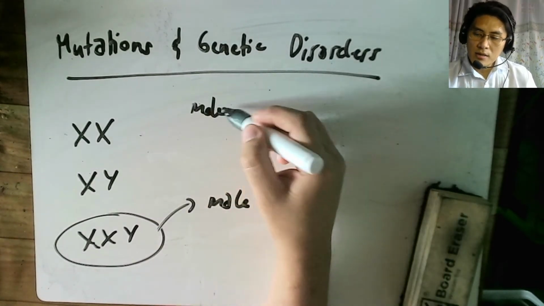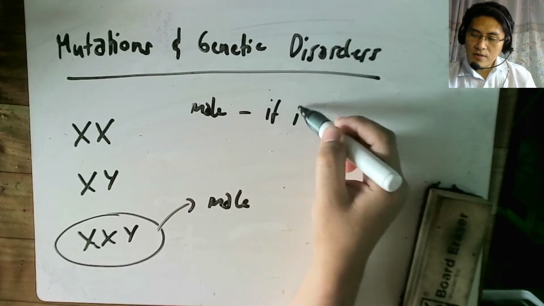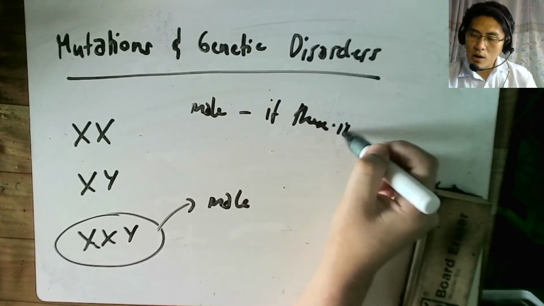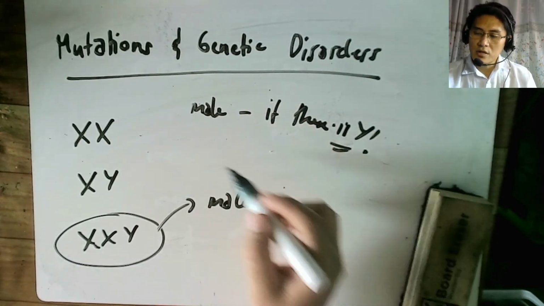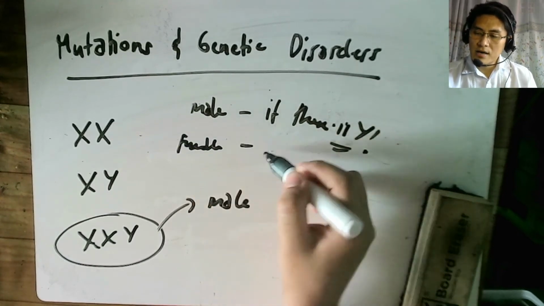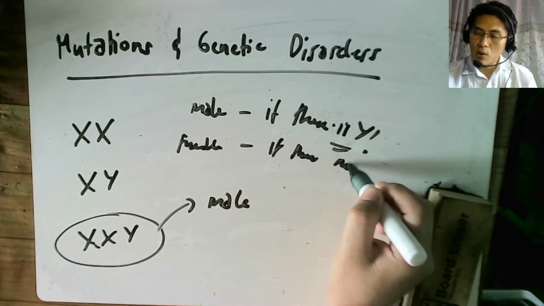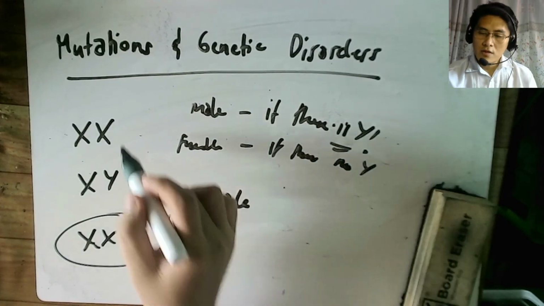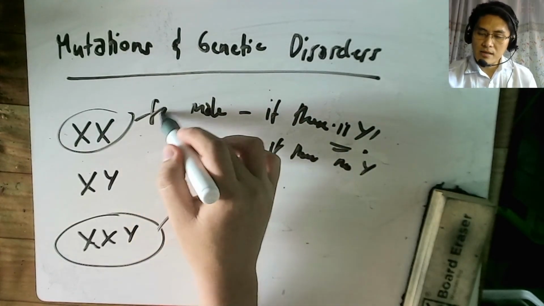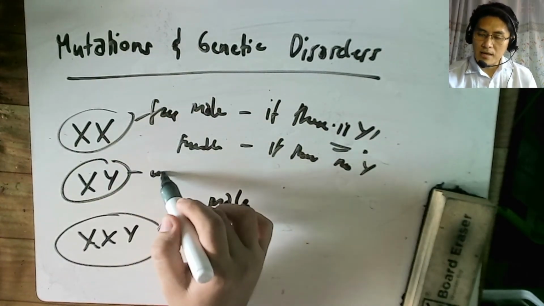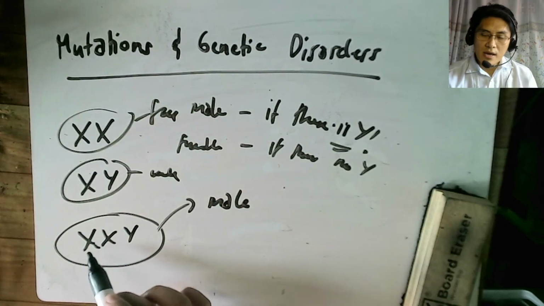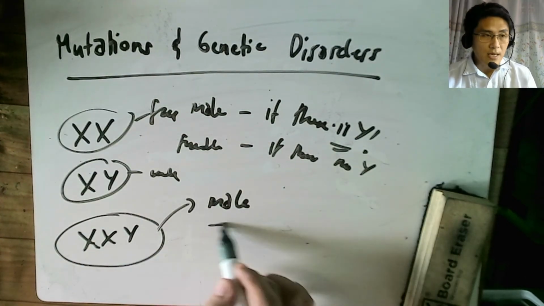Male is defined as having a Y. Female is defined as having no Y. So there is no Y, so this is female. There is a Y, so this is male. This one has a Y, so this is male.